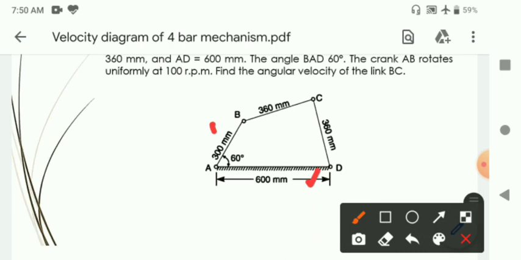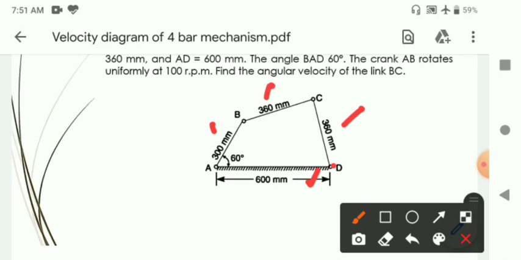Similarly, the link CD, which is the output link, can have a rotational motion or a rocking motion. Anyway, the link CD is going to rotate about D. So the output link CD can be assumed to have a rotational motion.